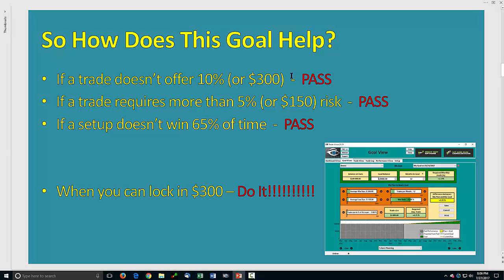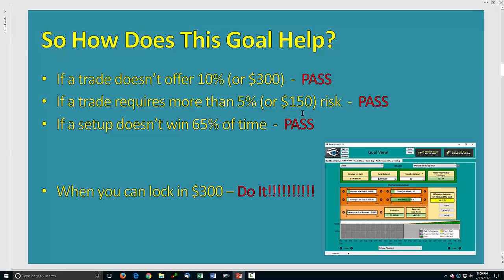So the first thing it tells you is if I can't make my 10% goal, I need to pass on the trade. The second thing you can find out from a chart is that now we know we need to keep our losses under $150.